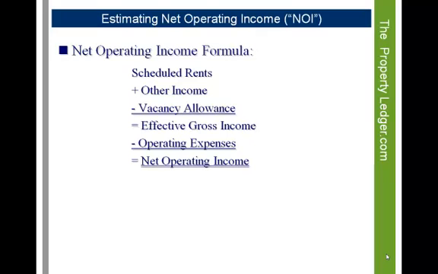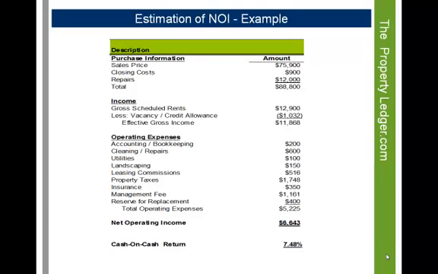And if you need a refresher course on this, I encourage you to go back and take a look at our video related to the determination of effective gross income. From EGI, we're backing out our operating expenses, which we also discussed in a video. So if you need the refresher course, please go back and take a look at that, bringing us to the net operating income.